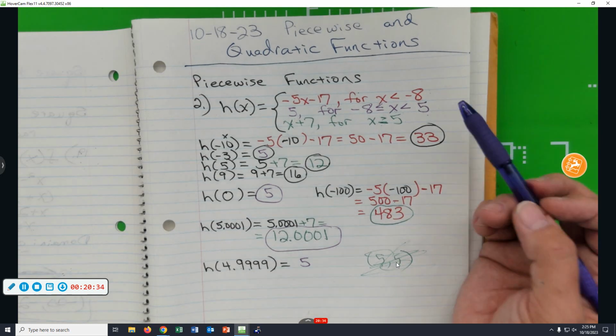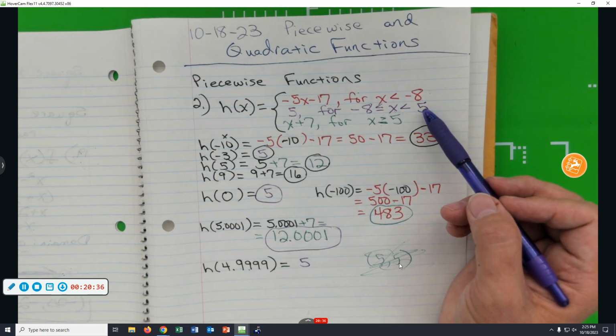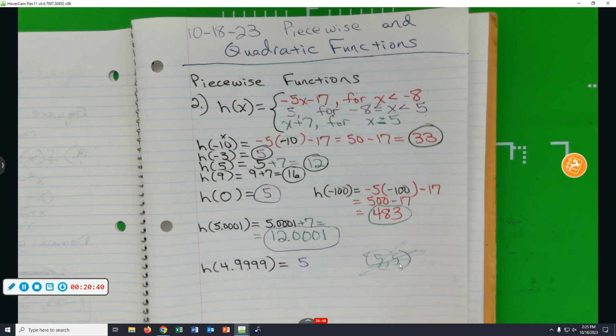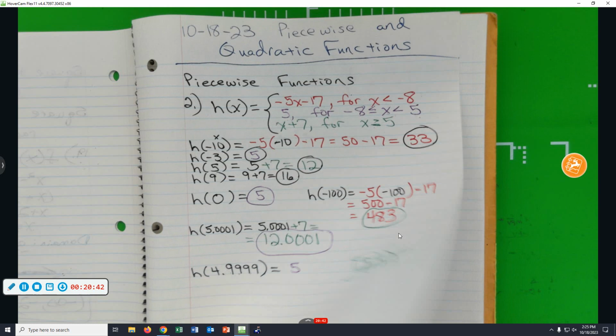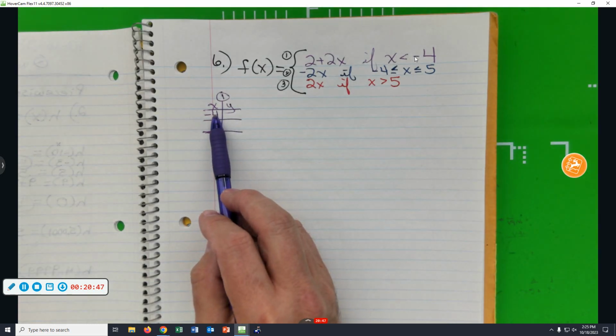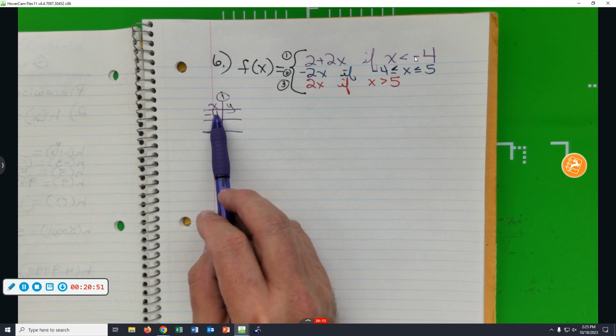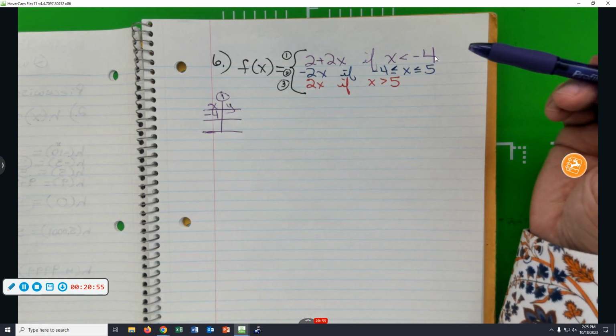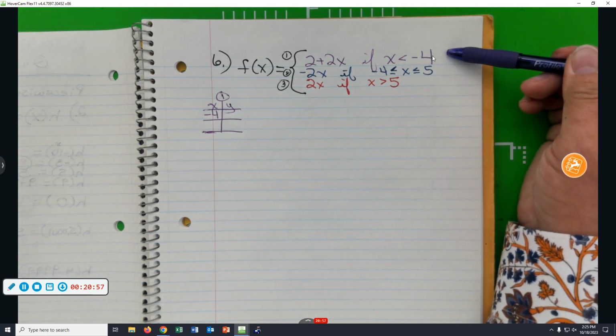So when I'm plugging in this -4, I'm really plugging in -4.00001, numbers like that.